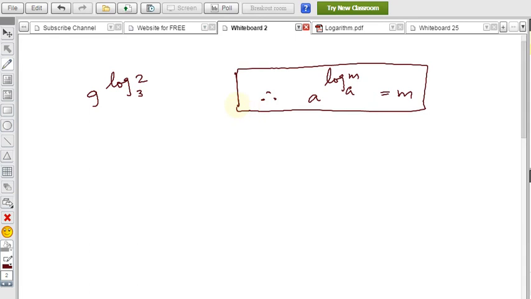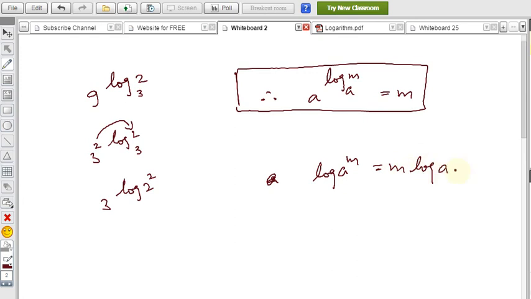Now we have to convert the question to this formula type. Since your base is 3, I can write 9 as 3 square: 3 square to the power log 2 to the base 3. Now again, 3 to the power log 2 to the power 2. We can convert it because of one more formula: log a to the power m is equal to m into log a, or vice versa.